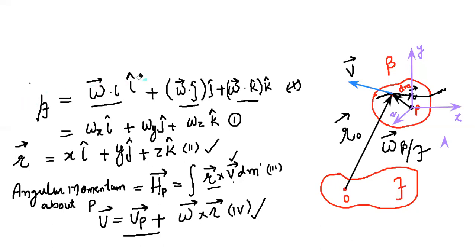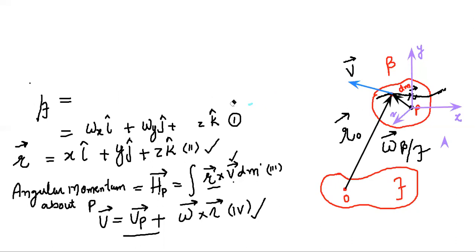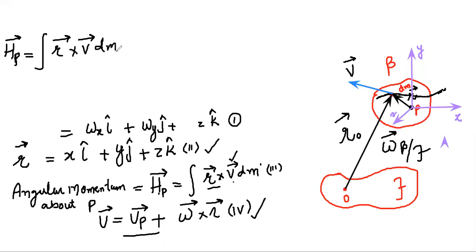What we will obtain is the expression: angular momentum about point P is equal to the integral of r cross v dm, which is equal to the integral of r cross (vp plus omega cross r) dm.